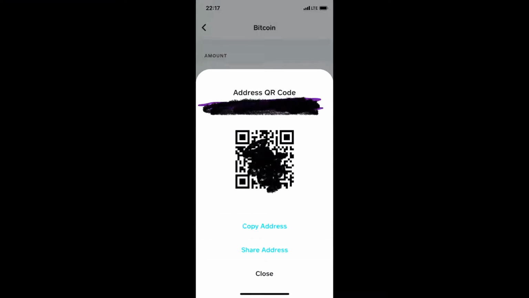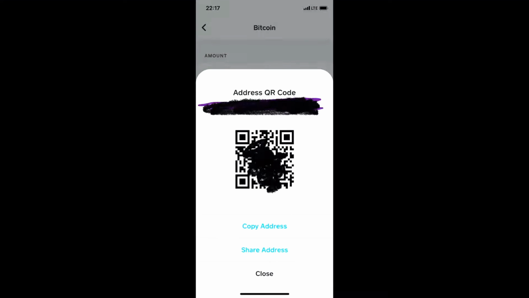Immediately this screen will pop up. This is where your whole address would be and your QR code. This is where you can also copy the address and also send the address off.